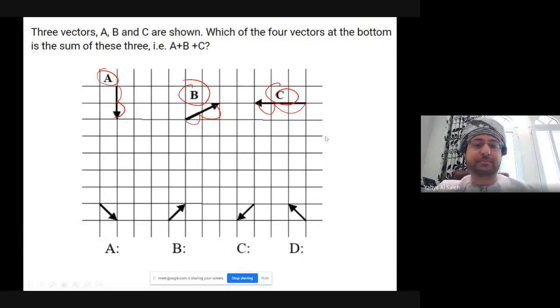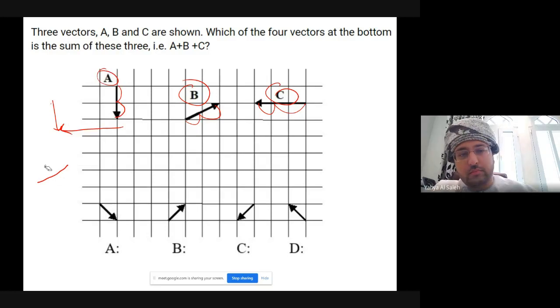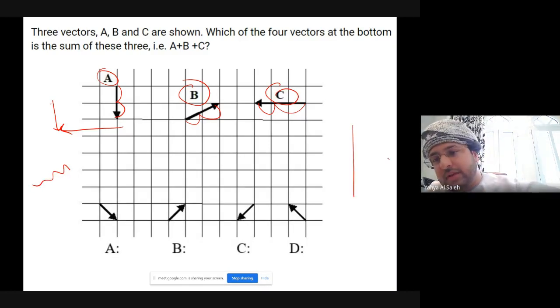Okay, let's see. I'm going to do first A plus C. A is in this direction, C in this direction, and C is more than A. So the direction of C is going to win. If this is my axis, I will get something like this, right?